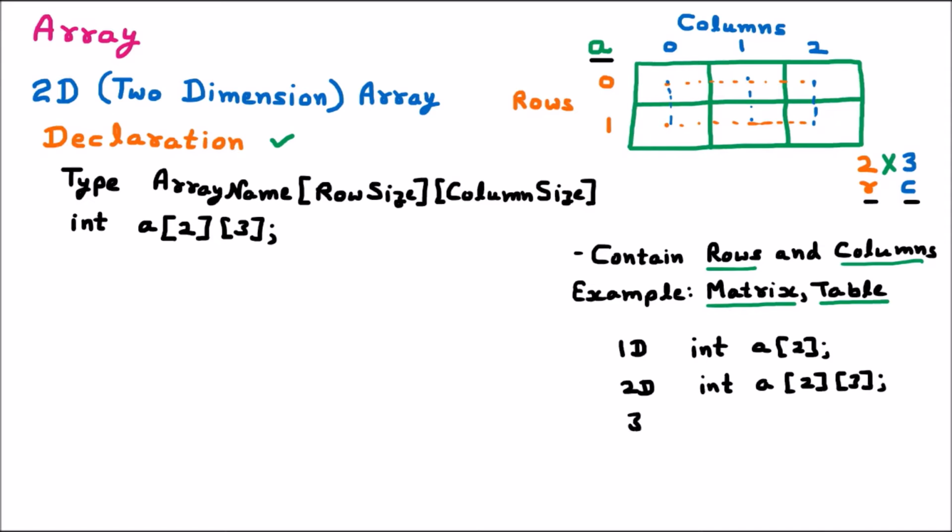Similarly, if we are dealing with the 3D array, in the similar manner, we will provide int, which is the data type, name of array, first dimension, which is 2, second dimension, let's say 3, and the third dimension, let's say 2 again. So this is how we can provide the multi-dimension array. We know that 3D is a multi-dimension array. And so on, we are going to provide multiple dimensions. So here we are learning the 2D array, so we are going to take the example of 2D array here.